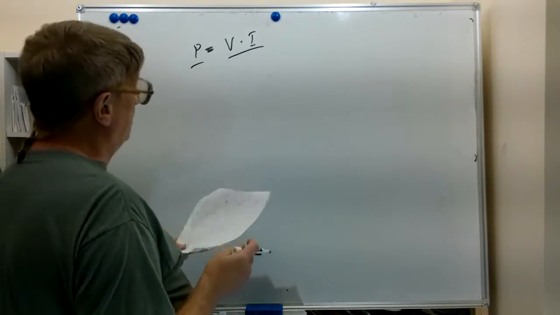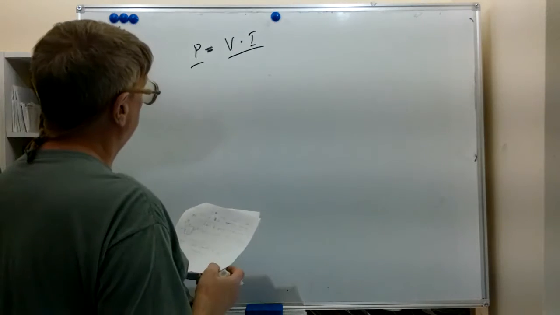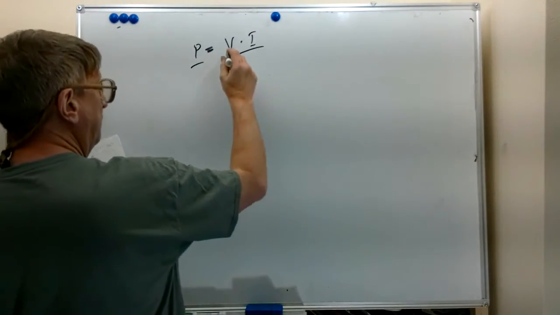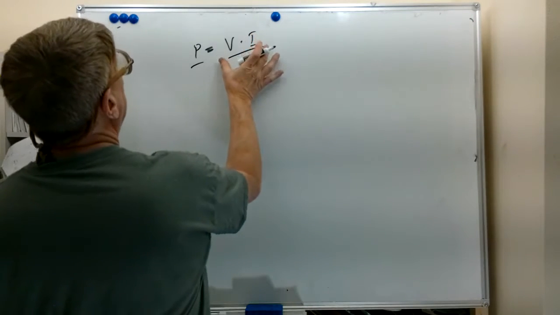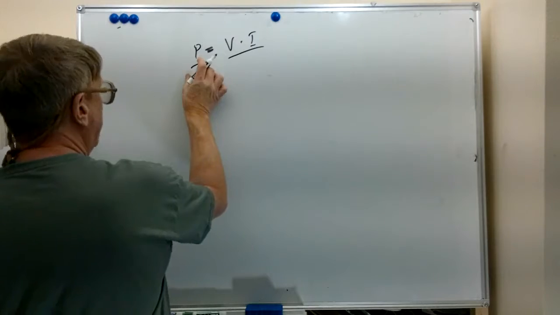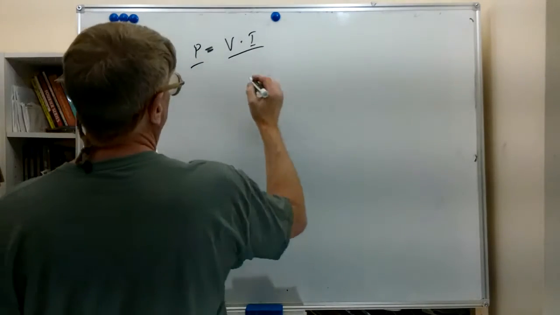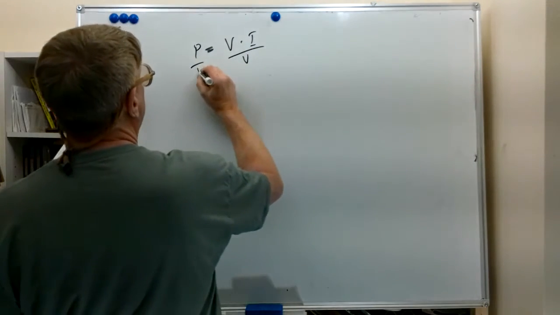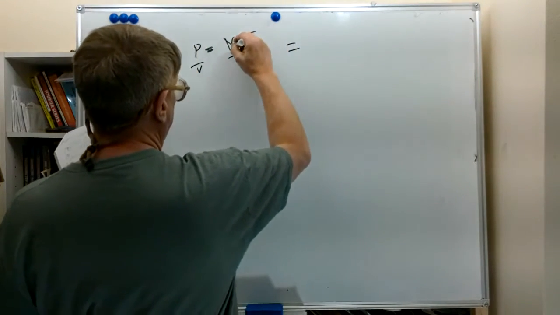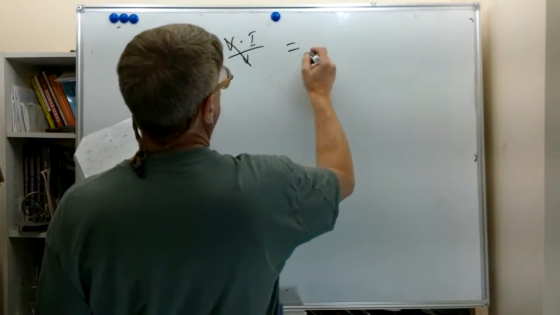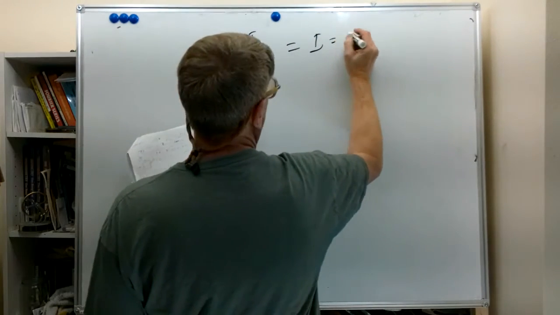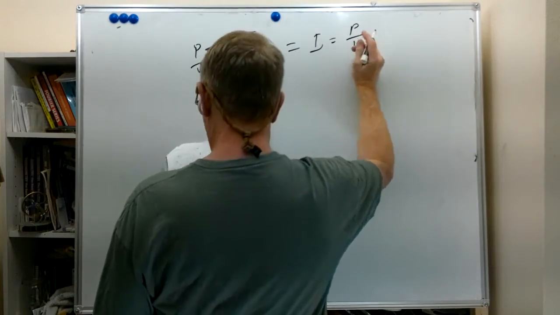So if we want to solve for another variable, the basic rule of algebra is whatever you do to this side, you have to do to the other side if you want to keep them the same. So we're going to divide by voltage on both sides. The voltages cancel, so we have that I, the current by itself, is equal to the power divided by the voltage.